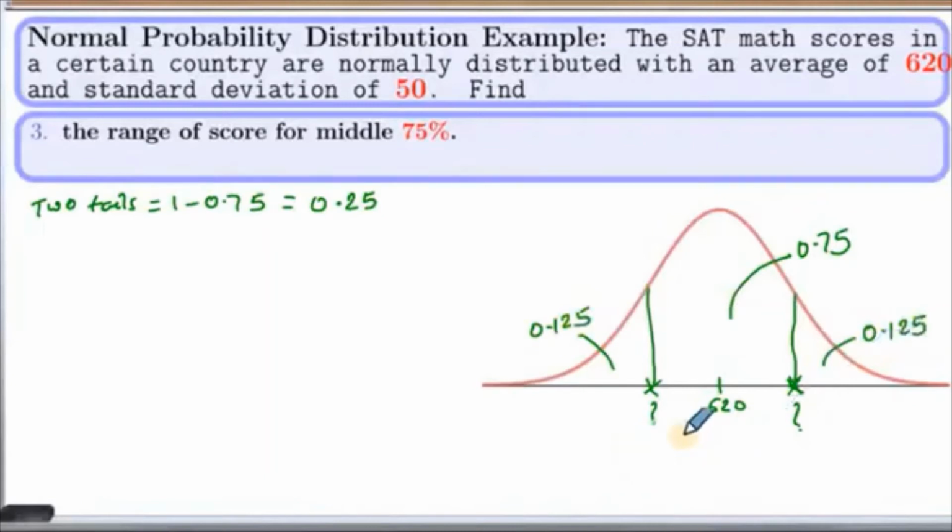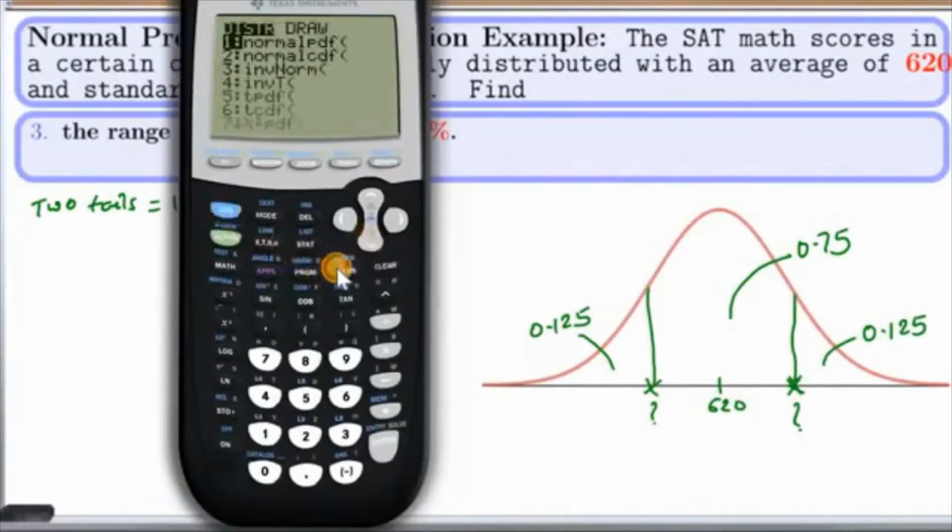Now, using the calculator, we can easily find this point and this point. Hit second distribution, then we'll be using inverse norm. So select that, then hit enter. Now we need area, mean, and standard deviation. This takes area to the left. If we are trying to find this point here, the area to the left from this point is 0.125.